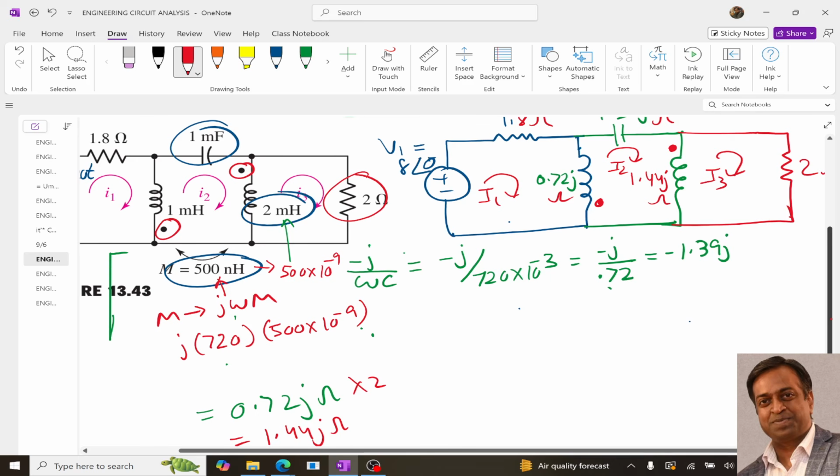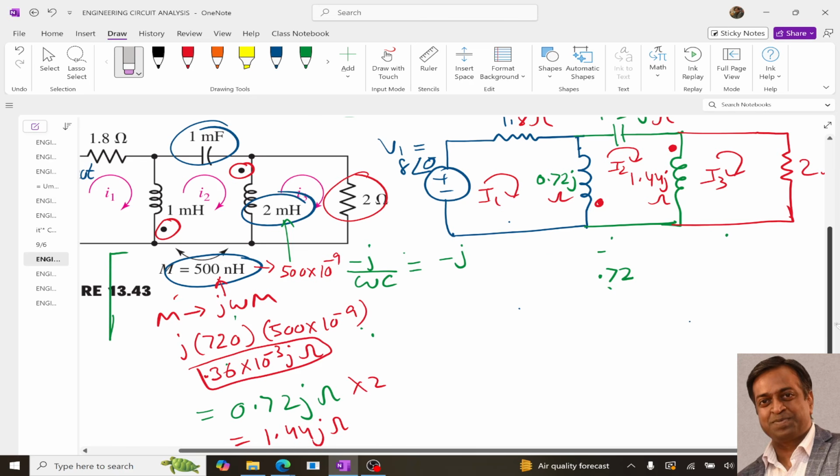So this is going to be 0.36 into 10 power minus 3 j. So this is our mutual coupling, this. So this also we will put over here.